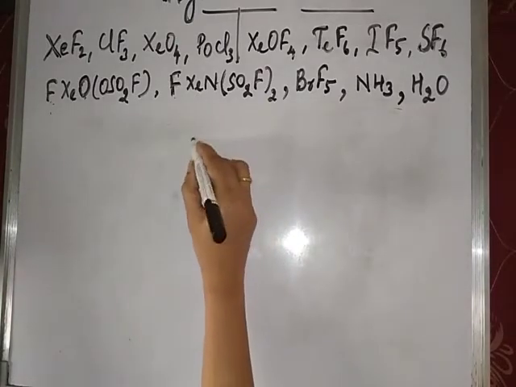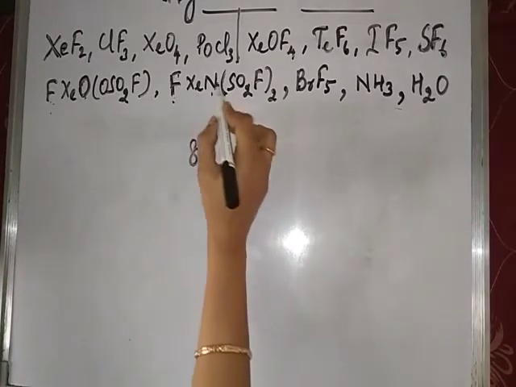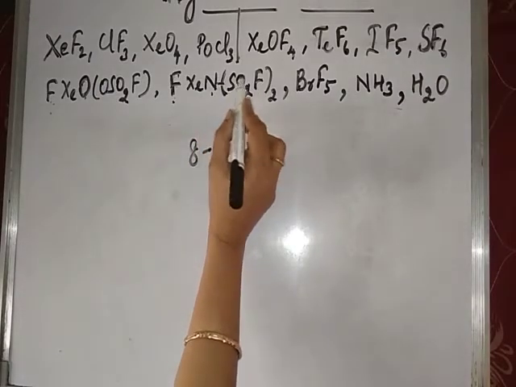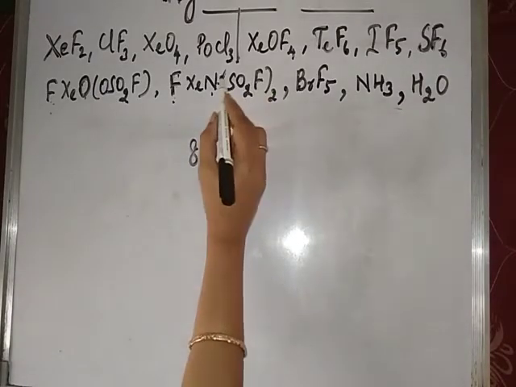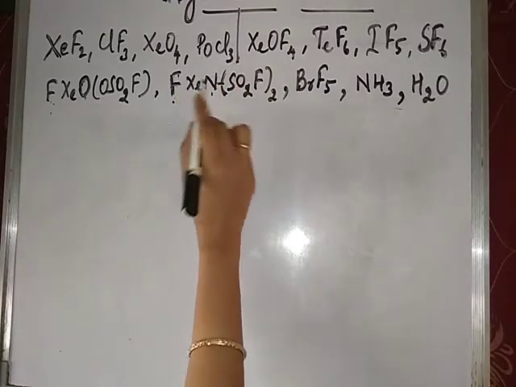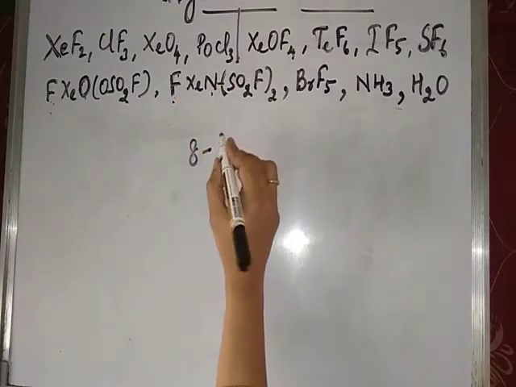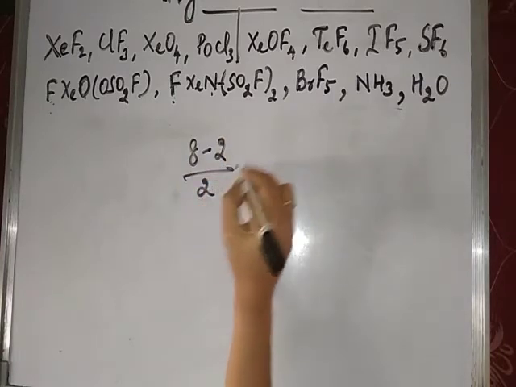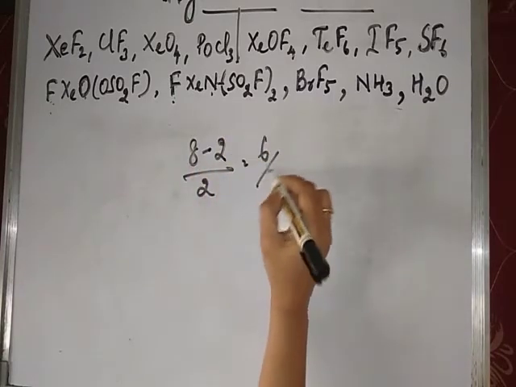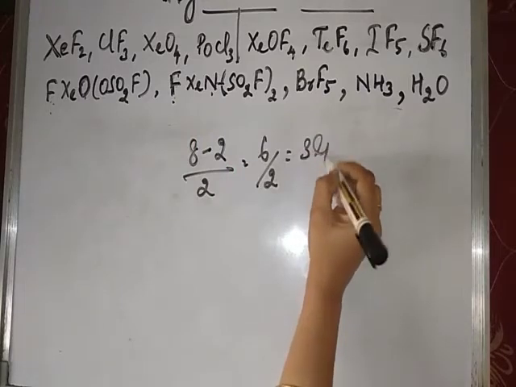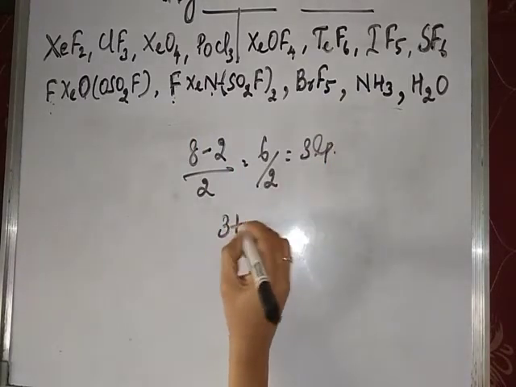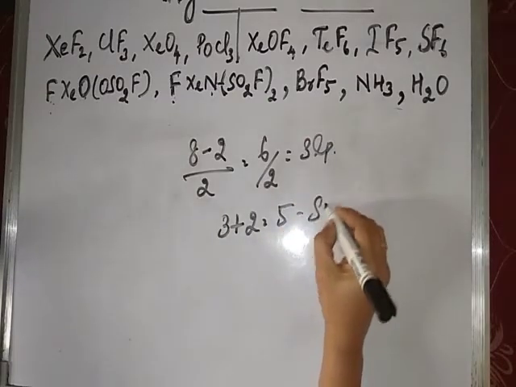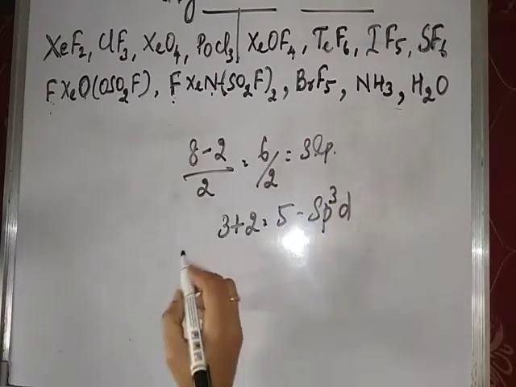Here xenon is 8 minus 1, 2. This is attached to this sulfur, SO2F, which is attached to the nitrogen. So only 2 bonding atoms are there. So 6 divided by 2, so 3 lone pairs are there. So 3 plus 2, which is equal to 5. 5 means sp3d.